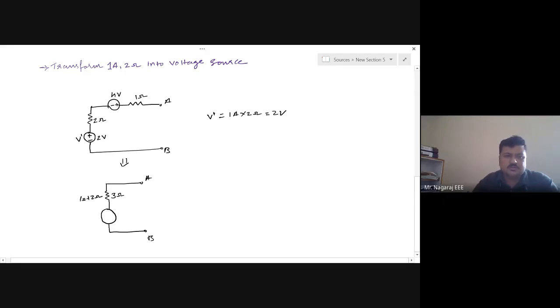Then the direction of V dash and 4 volts both are the same. Both are upwards. The arrow marks are directing in the same path in this circuit. So therefore, the voltages will add up, which is 2 volts plus 4 volts, that is 6 volts.